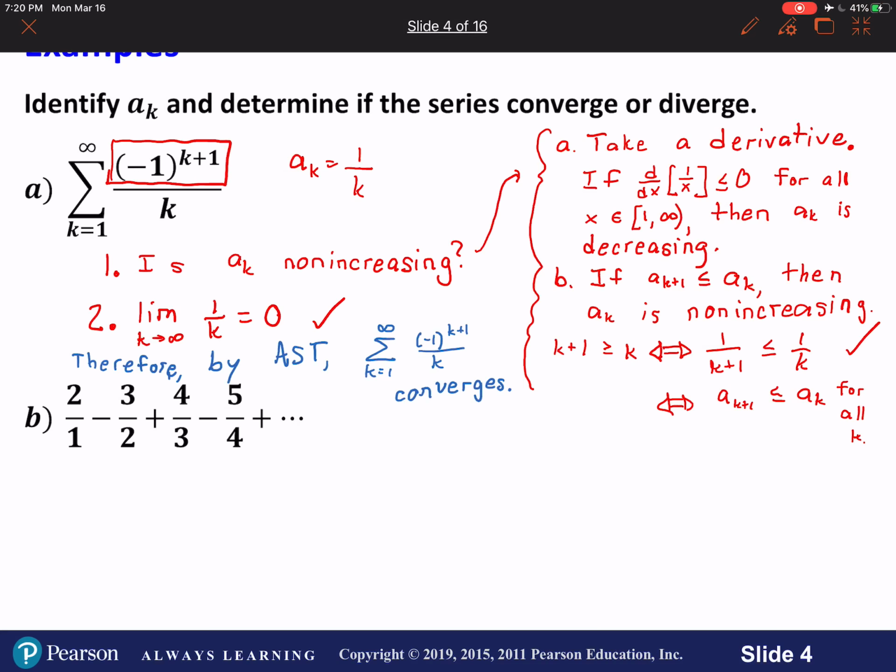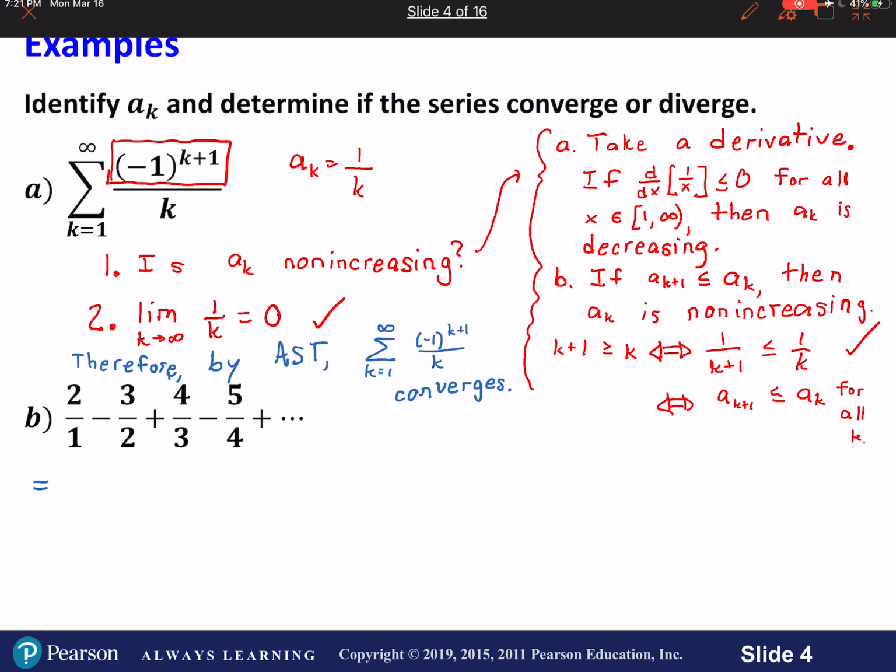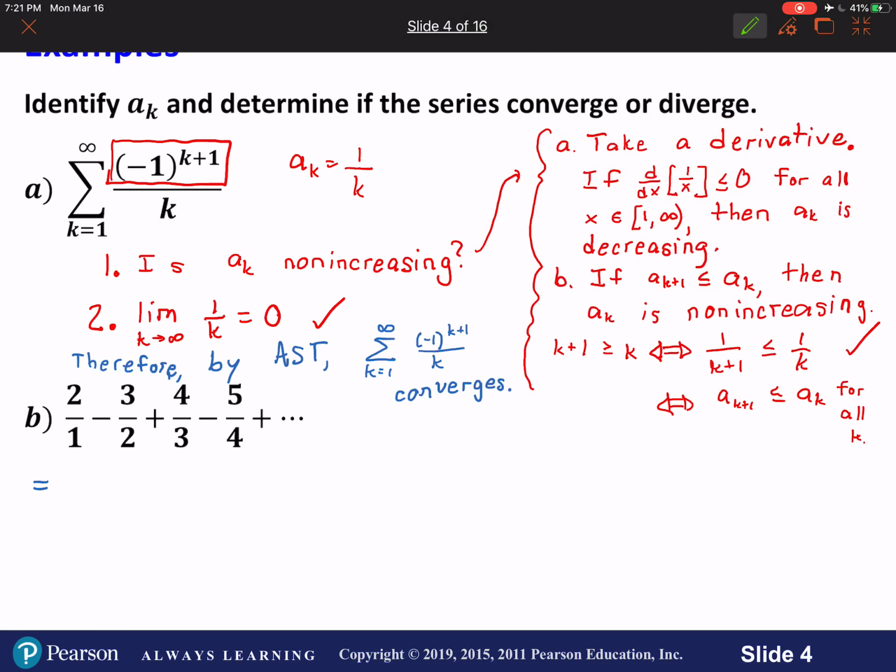All right, so the next thing to check is this second example, B. So this one's a little bit more difficult because we have to first of all figure out how to write this as a series. So let's think about it. In the numerator, the numbers are always increasing by 1. And in the denominator, the numbers are always increasing by 1 as well. But it's 1 less than the numerator.